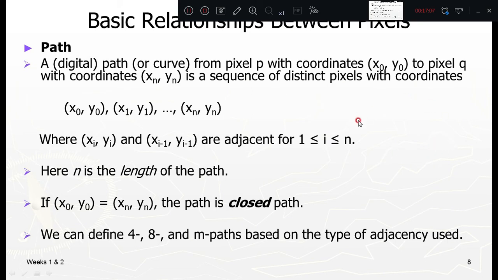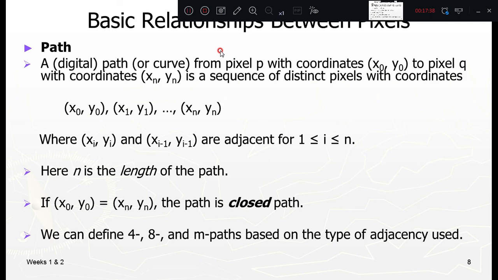A digital path or curve from pixel P with coordinates x0, y0 to pixel Q with coordinates xn, yn. Now let us see how the path is to be followed in detail, we will discuss it with an example. When you are discussing a path here, there is 4 adjacency, 8 adjacency and m adjacency.